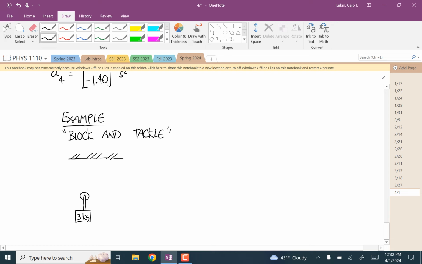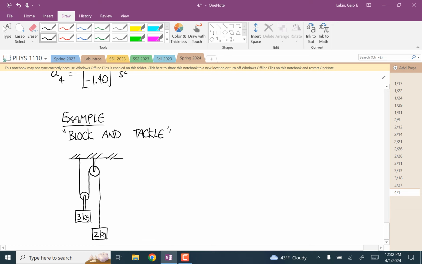So let's say this is 3 kilograms, and there's sort of a more complicated system of pulleys connecting this 3 to this 2.